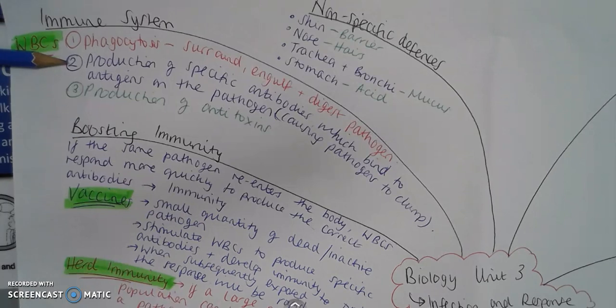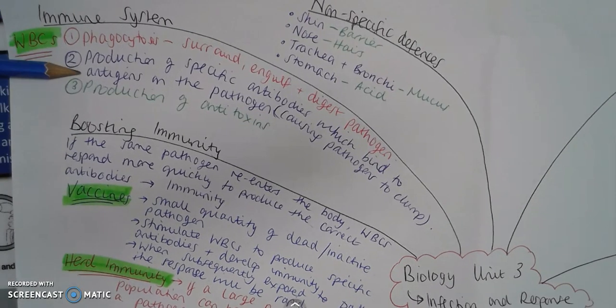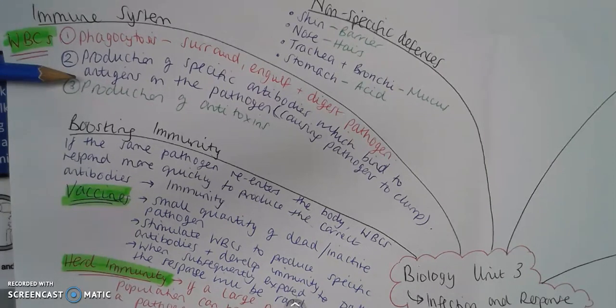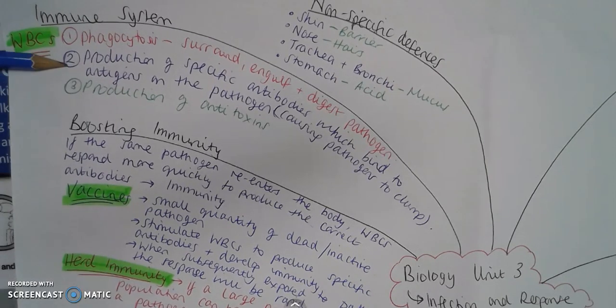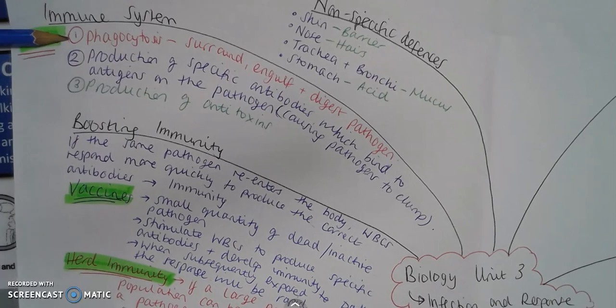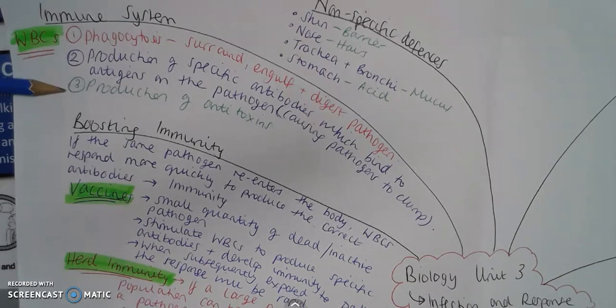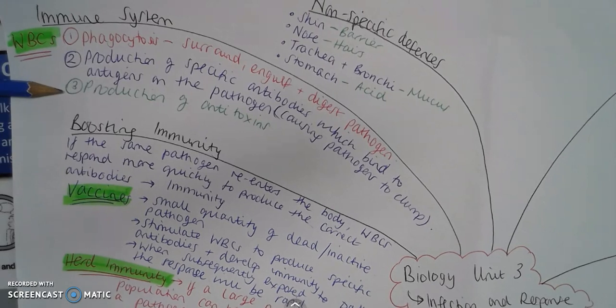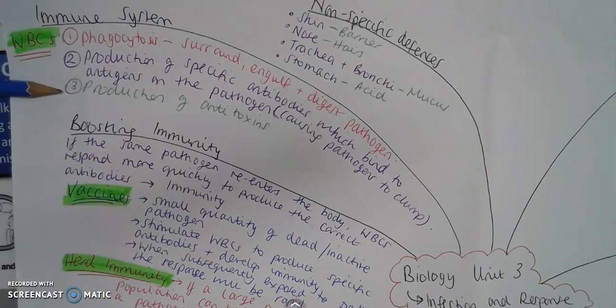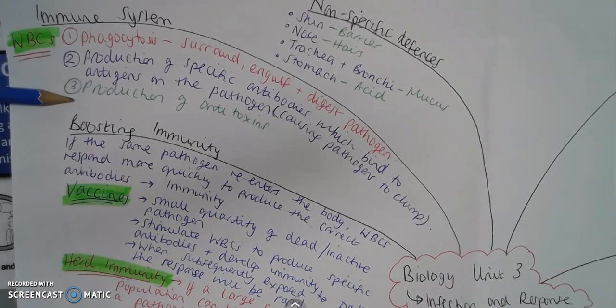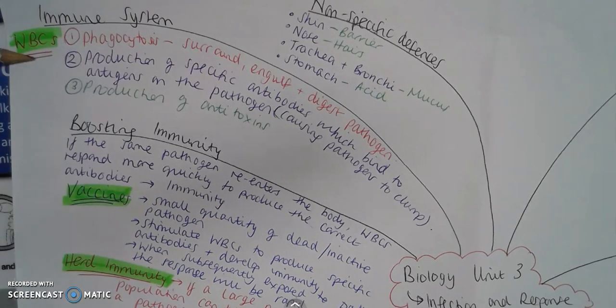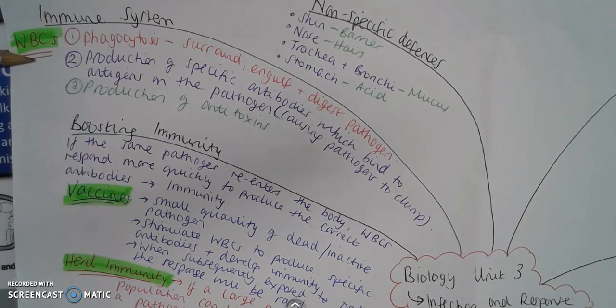Number 2, the production of specific antibodies which bind to antigens on the pathogen, causing the pathogens to clump together, and then typically after that stage, phagocytes will come in, surround, engulf and digest. Number 3, production of antitoxins, which are designed to neutralise the toxins that particularly bacteria are able to produce. So those are your 3 main mechanisms of the white blood cells in the specific immune response.